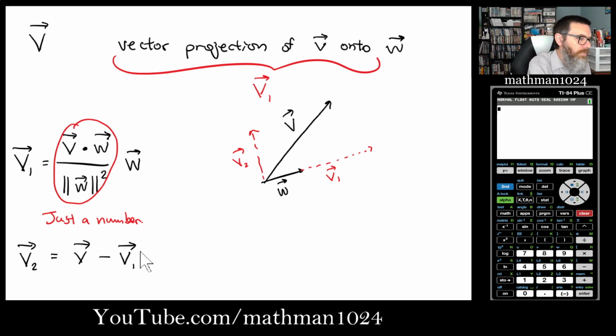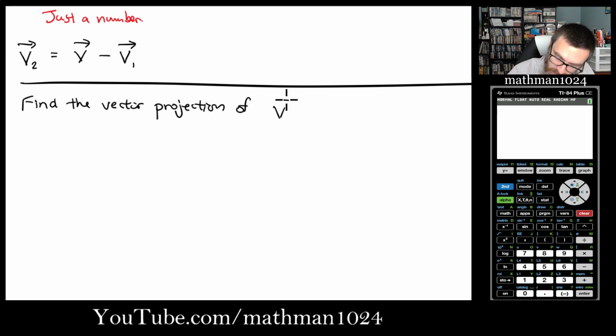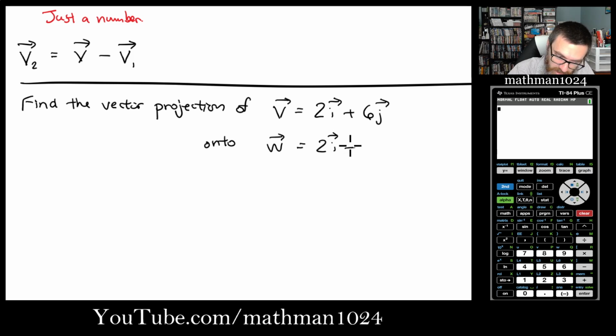All right, so let's find the vector projection of v equal to 2i plus 6j onto vector w, which is 2i plus j.